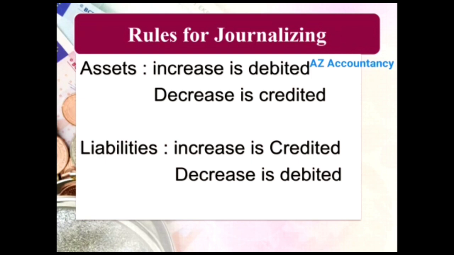And when we sell the asset, it is decrease of asset and it should be credited. When we take loan from someone, it is increase of our liability, and when we pay off, it is decrease of our liability. Any increase of liability should be credited and any decrease of liability should be debited.